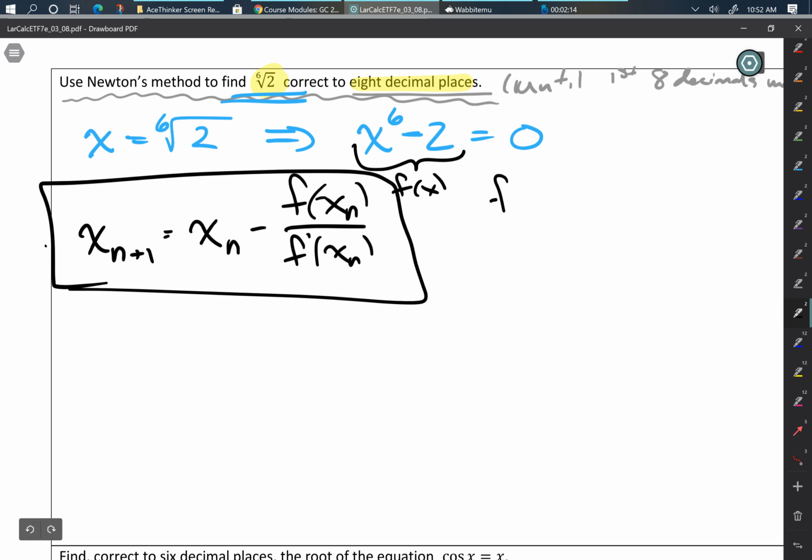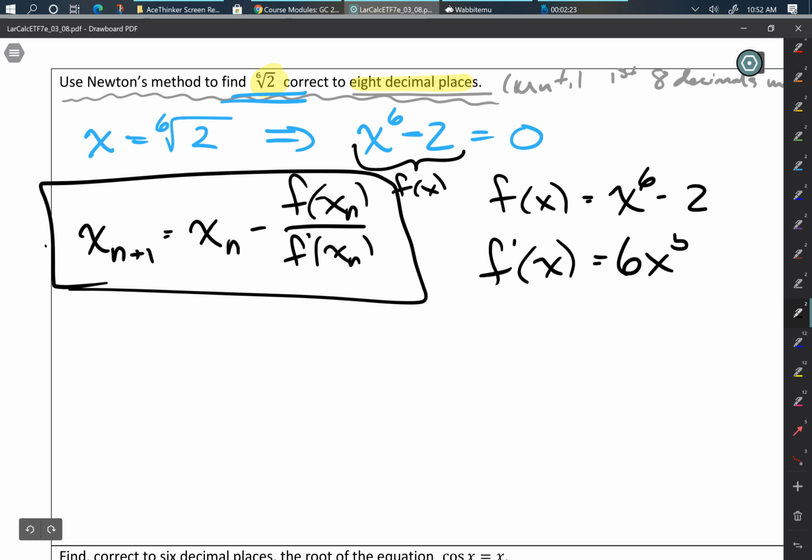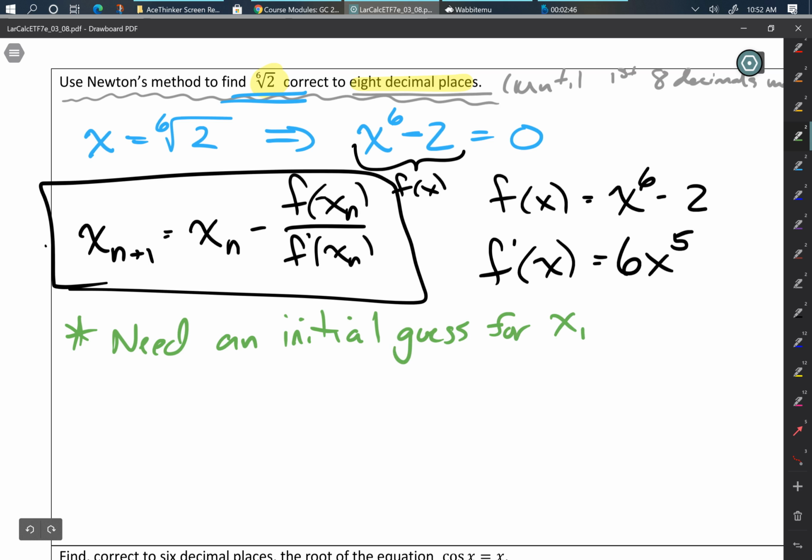Well, I've got my f of x. I can use that to find f prime of x. The only thing that I'm missing is an initial guess for my x sub 1.